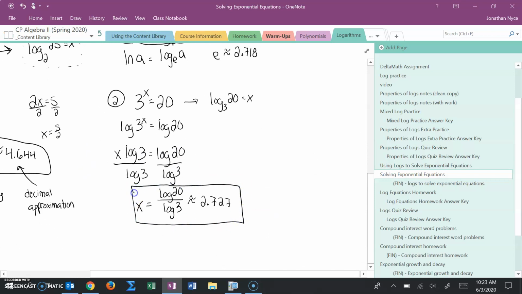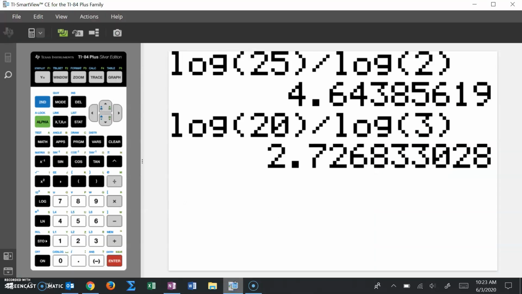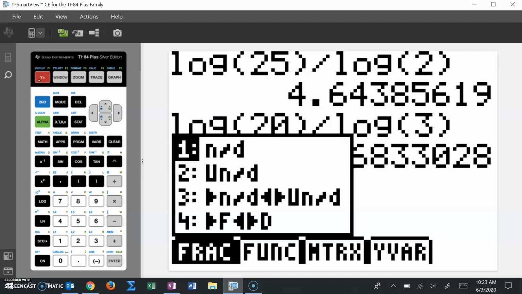I want to show you real quickly one thing you can do on a calculator to make these a little bit easier to enter, because with the parentheses it can be a little bit confusing. If you go to alpha, y equals, it's going to give you this menu, and option 1 is fraction form, numerator over denominator.